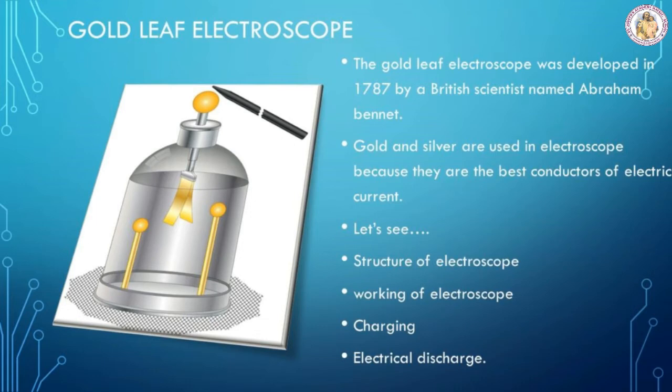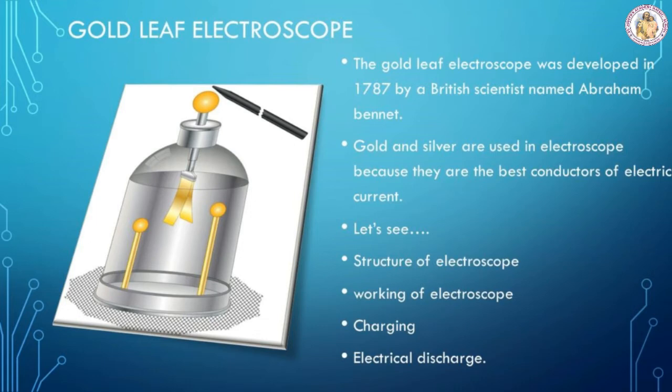This we have already seen in the movement of charges in electroscope, isn't it? Next, what is meant by charging? Transfer of charge from one object to another is called charging. In case of the gold leaves, charge is transferred through the brass rod.